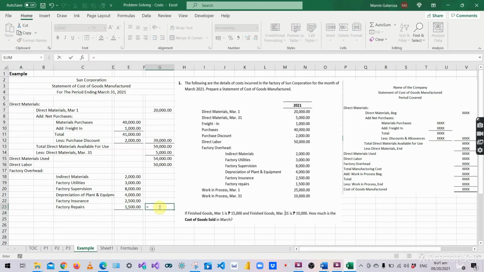Let's get the total. The total factory overhead amounts to 21,000.